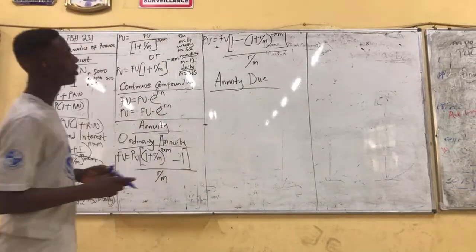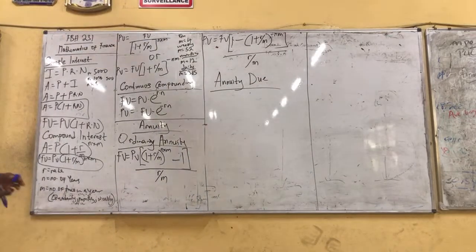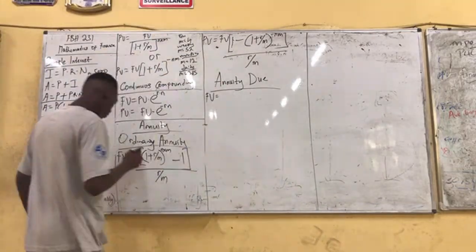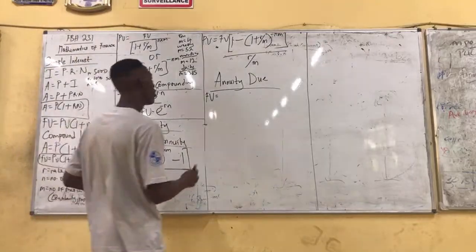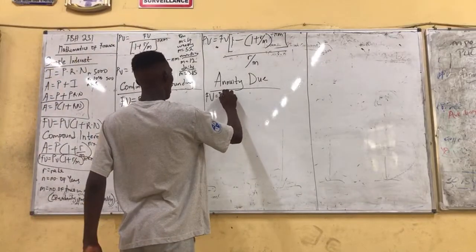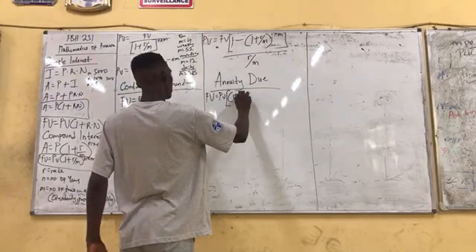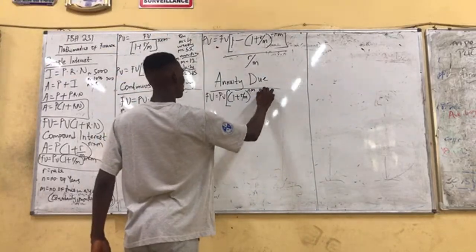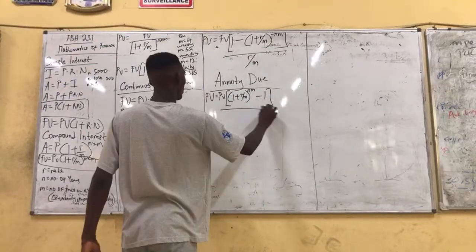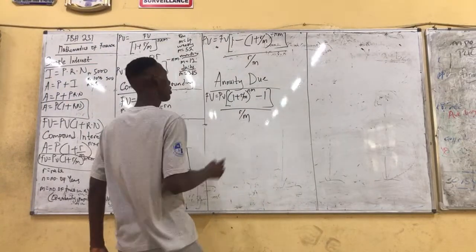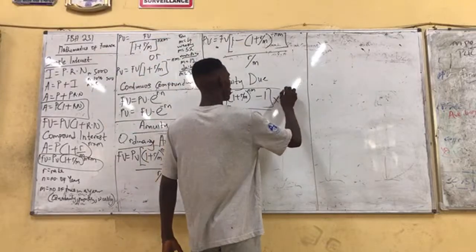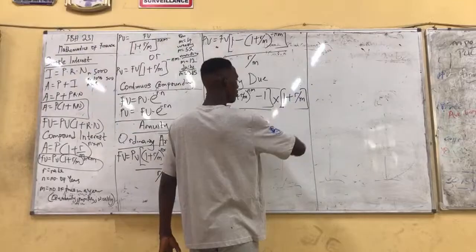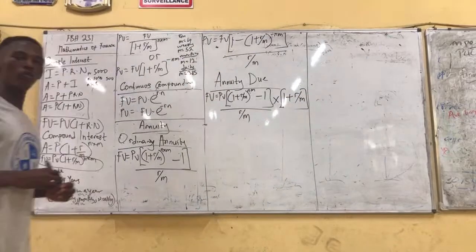For the future value of an annuity due, you take the same formula: open 1 plus R over M, to the power of nM minus 1, close bracket, over R over M. But because payment is made at the beginning, you multiply it by 1 plus R over M. So this is the future value of an annuity due.